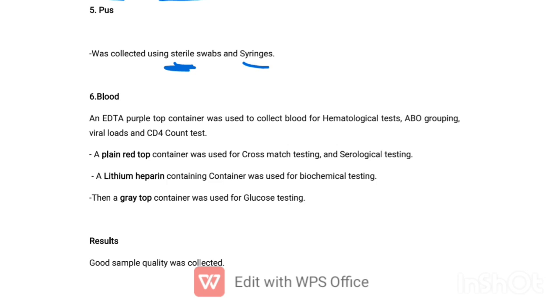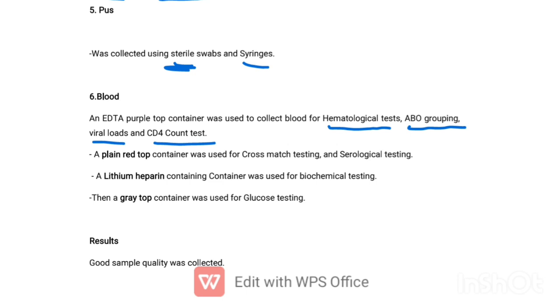When we talk of hematological tests, we are talking of most of the tests done in the hematology lab, such as sickling test, ESR, and solubility test. Also used for blood grouping, which is under the blood bank, and for viral load and CD4 count. EDTA is the purple top container.